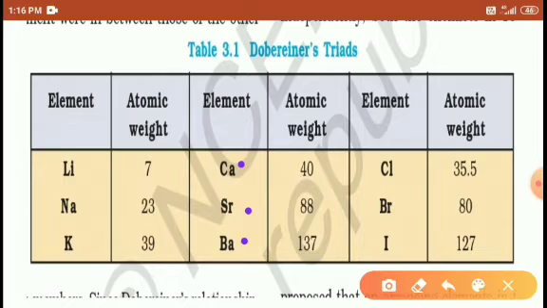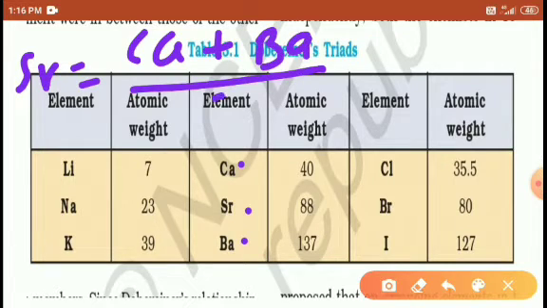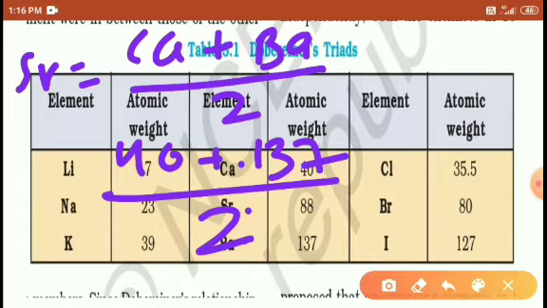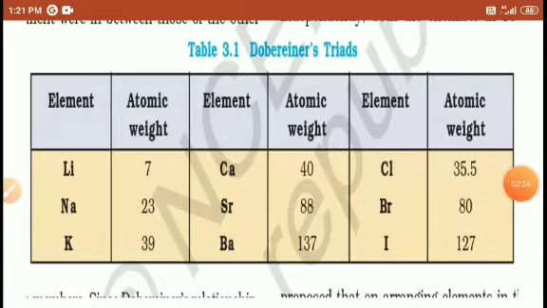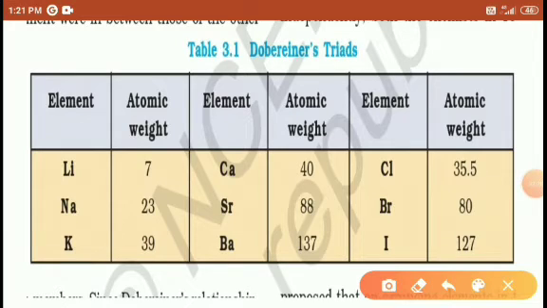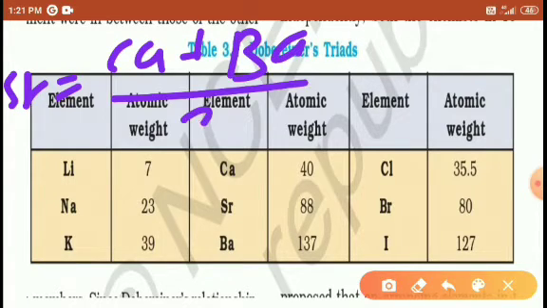Similarly, he used the next elements, calcium, strontium, and barium. The atomic weight of strontium equals the average of the atomic weights of calcium and barium. Calcium is 40 and barium is 137, whole divided by 2.